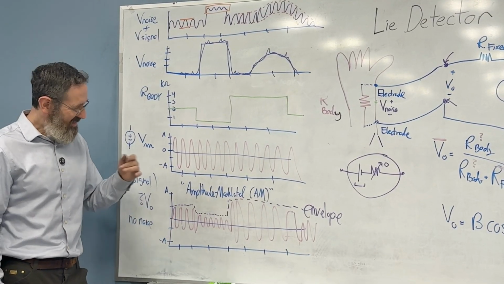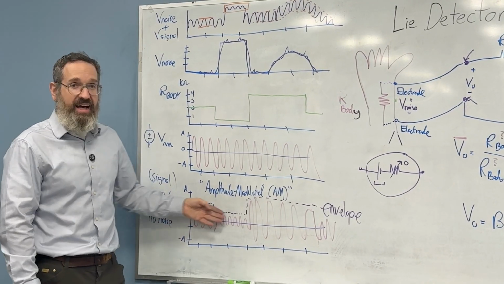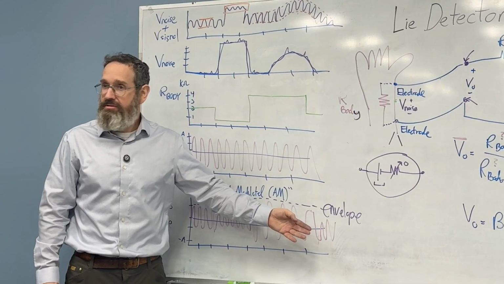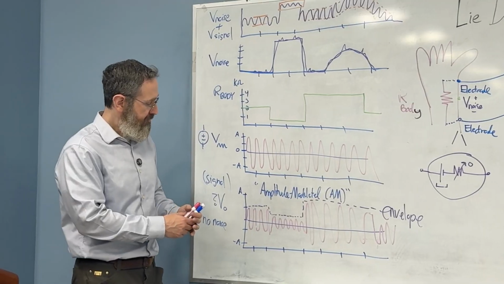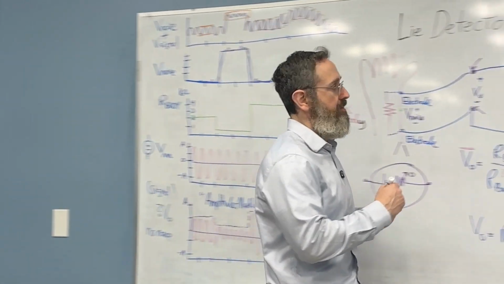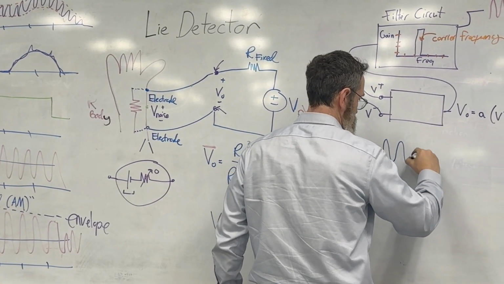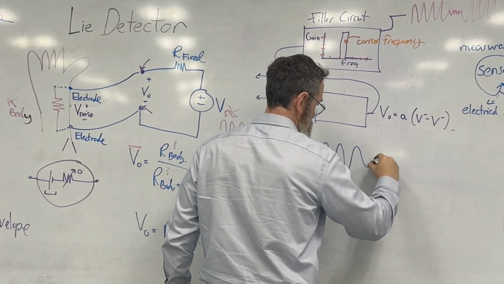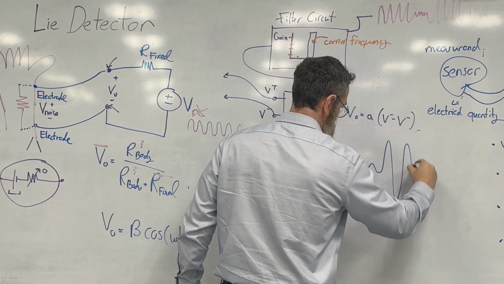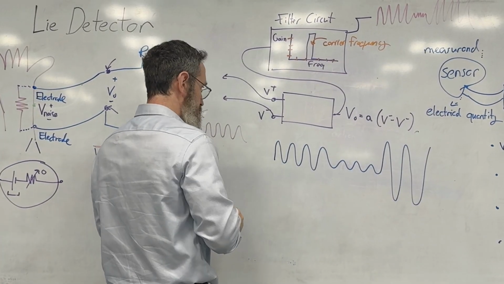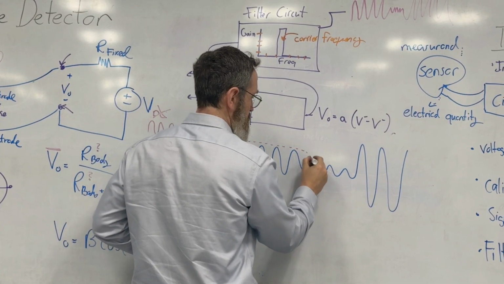You might say, well, can I filter it? You can't filter it because all of it is at the carrier frequency. What you want is something that, looking at the carrier, this is the envelope.